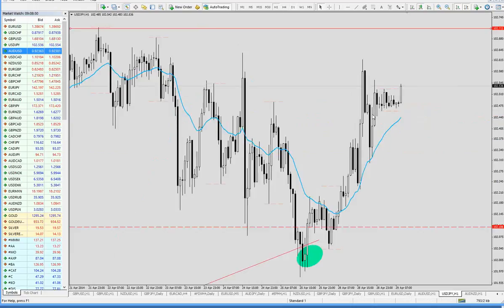So what I would like to do is a tiny, small long position around 102.50, 102.45, with a tight stop.